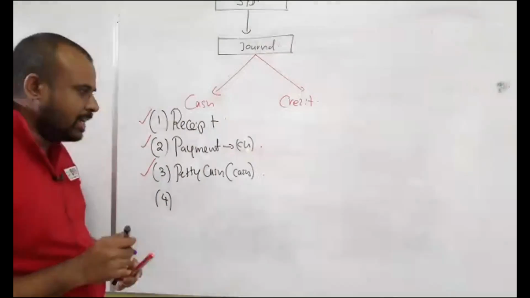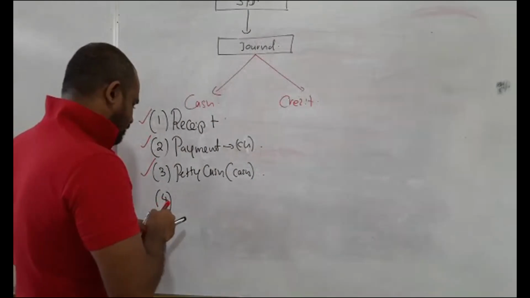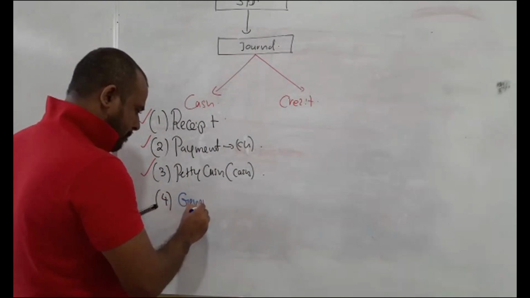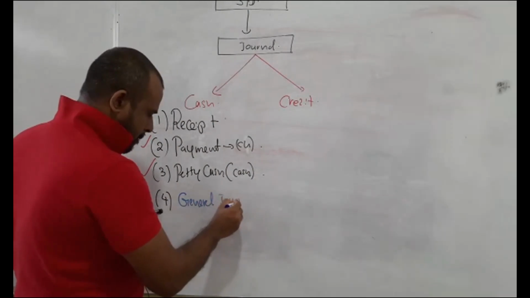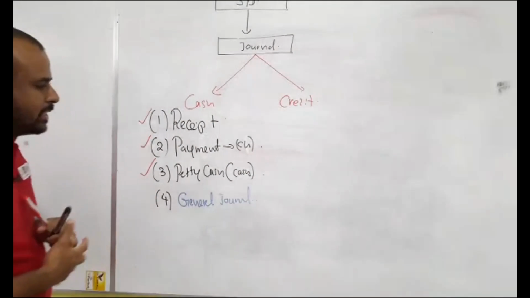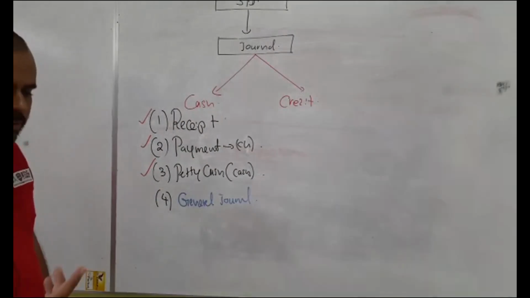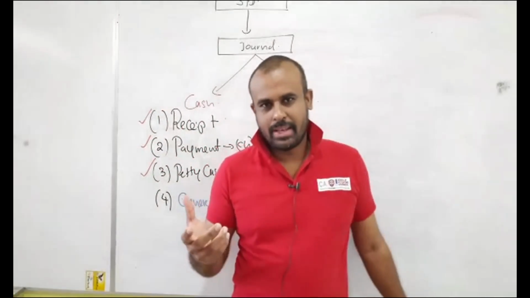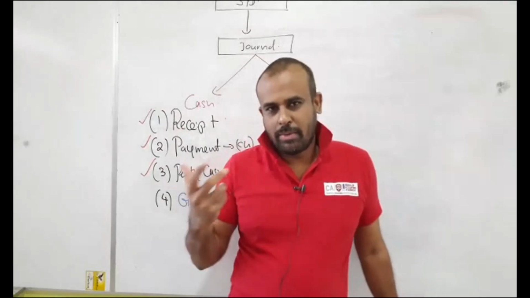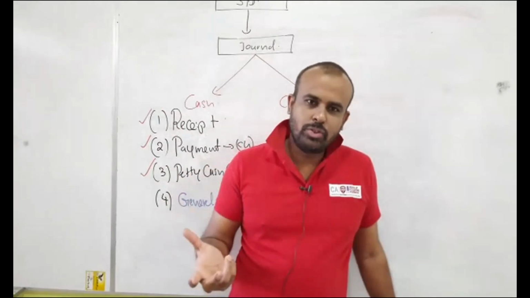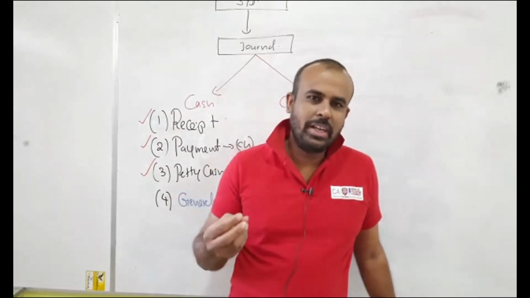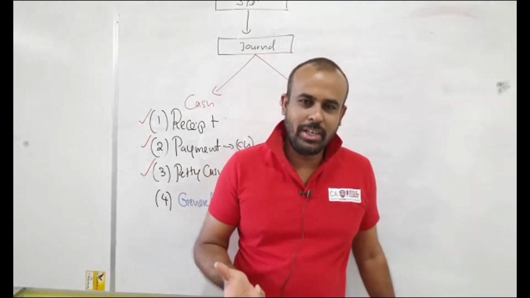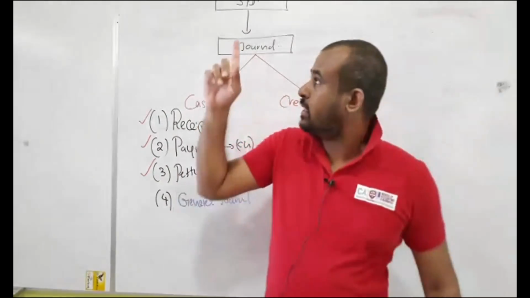Yes, the general journal. Now, if you take an example, a bank charge is deducted by the bank, right? If it is omitted from the books of accounts, you are not in a position to record it in the payment journal or even in the petty cash payment journal. But it has to be recorded in a journal.